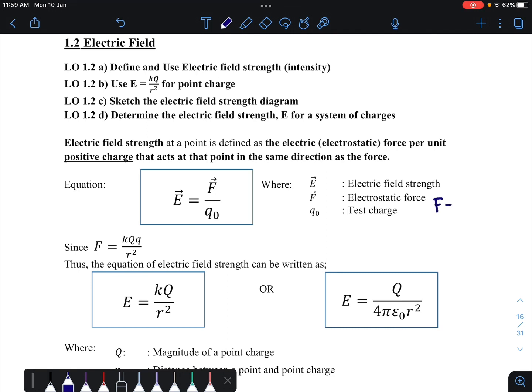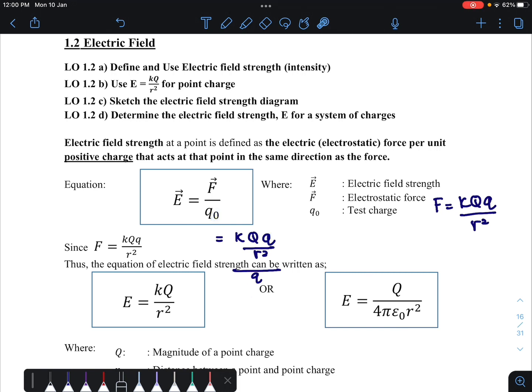Alright, so previously we have looked at F equals KQ1 Q2 over R square. So we are going to substitute this F into the equation here. So we are going to end up with KQ over R square divided by Q. So they are the same thing. The Q here, the test charge, is one of the Q in the force as well, so we can actually cancel them.